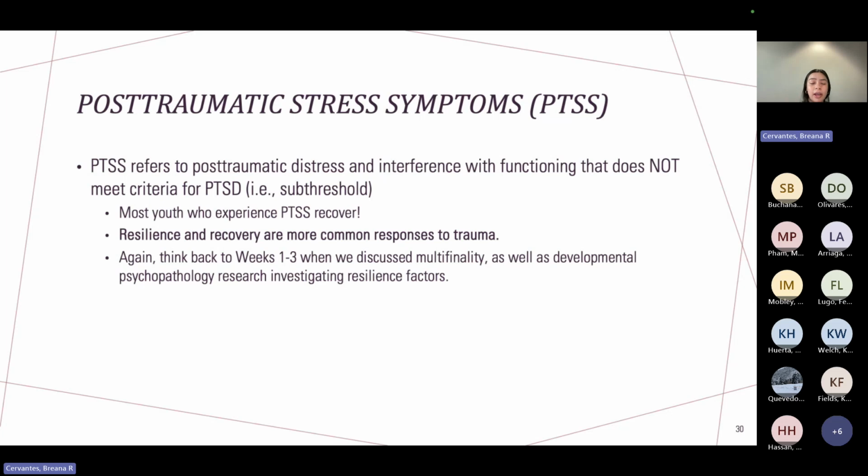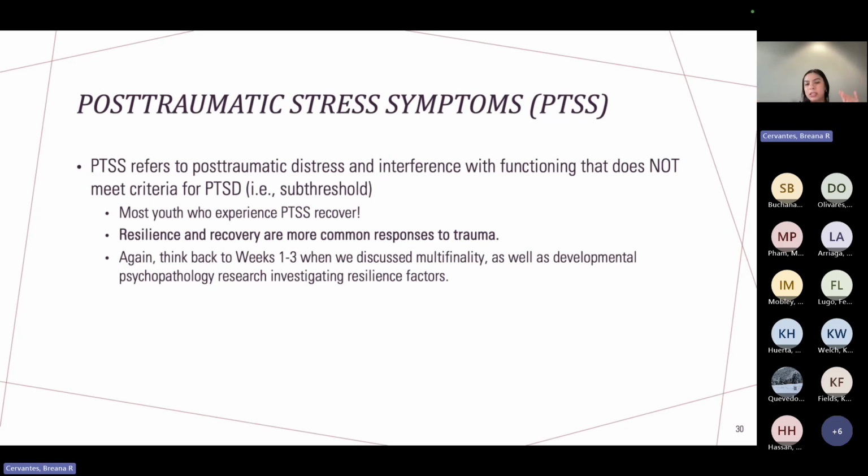And that again speaks to the idea of multifinality, where you can have the same stressor, the same predisposition, whatever the case may be, could be same age, same sex. In this case, we're talking about the same trauma, and think of it as different outcomes drawn to a line.